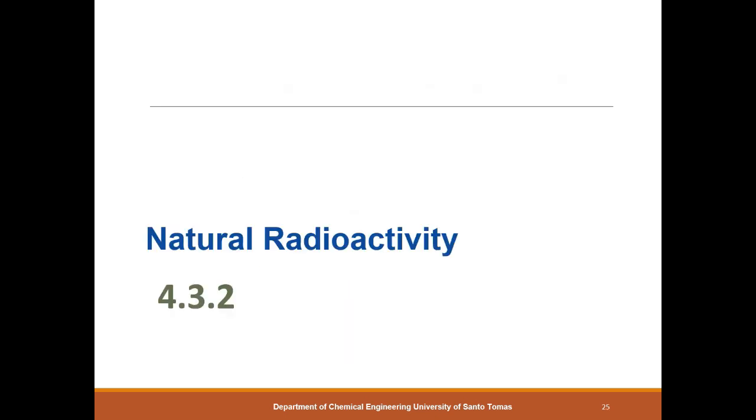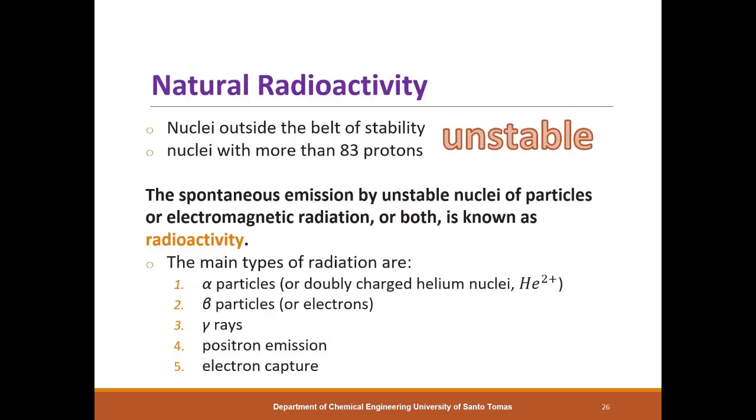Now let's move on to the next module, module 4.3.2, natural radioactivity. Nuclei outside the belt of stability, as well as nuclei with more than 83 protons, tend to be unstable. The spontaneous emission by unstable nuclei of particles or electromagnetic radiation or both is known as radioactivity.